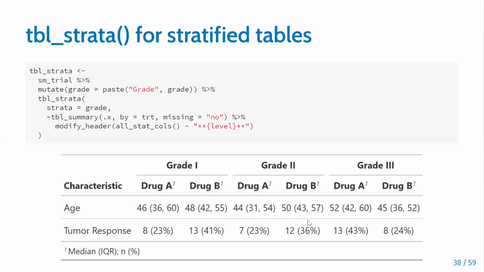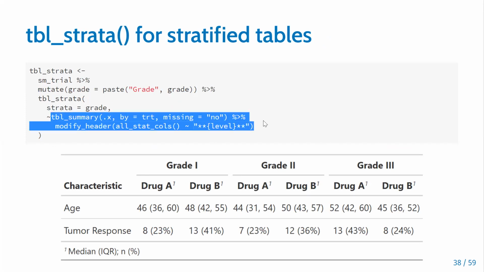There is another function called TBL strata. It creates stratified tables. So any gtsummary function that takes a data frame or a survey object as its first argument can be used with TBL strata. In this case, what we want to do is make TBL summary tables stratified by grade. So within each of the tumor grades, we want to go in and create this TBL summary defined by this.